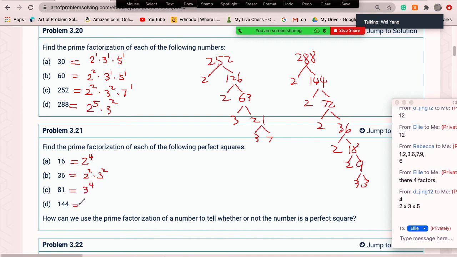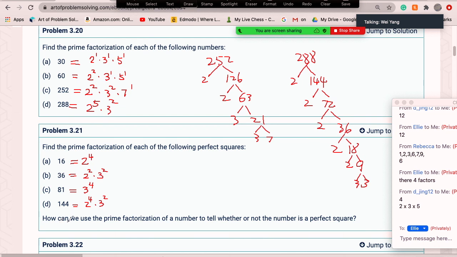And this one, that will be 12 squared, right? That's 12, that equals 2 power 2 times 3. So that means this is 2 power 4 times 3 power 2, right? This one equals this.